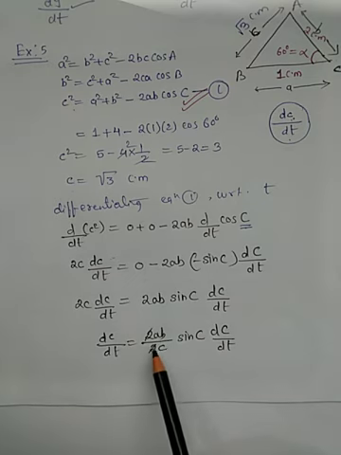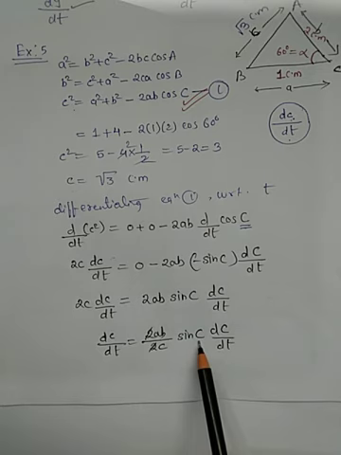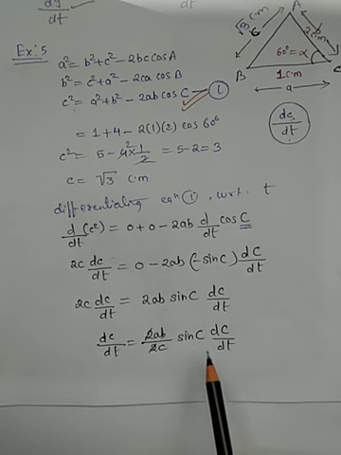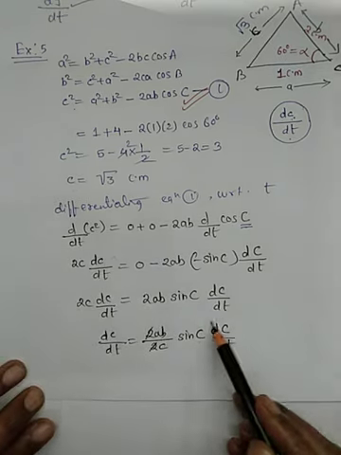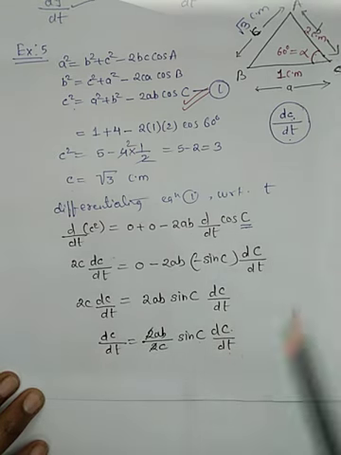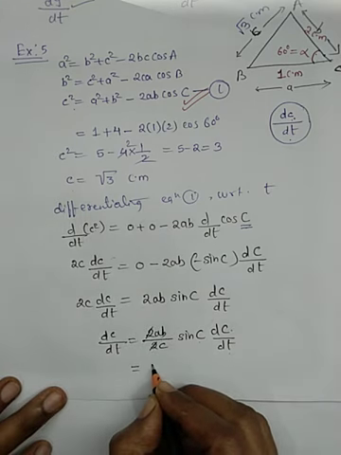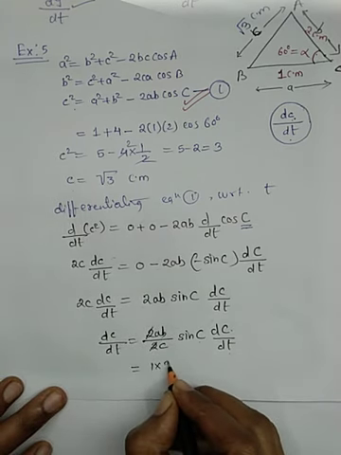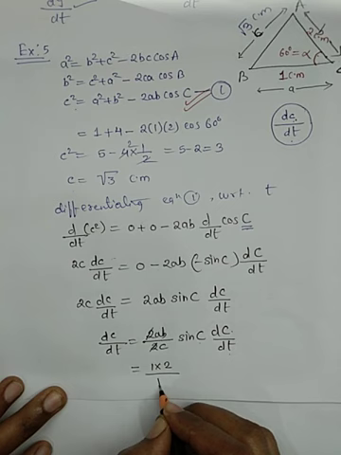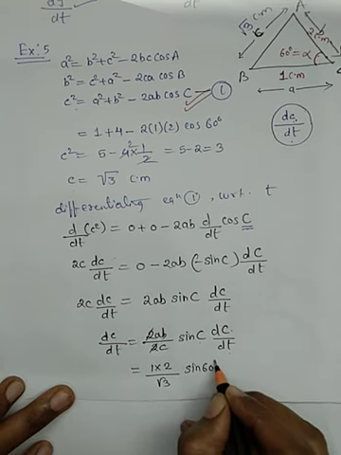We can substitute the values of small a, b and c and the corresponding value of capital C, that is 60 degree, and the rate of change of angle C with respect to t. This C means this alpha only. What is it? It is given, 3 degree. You are given that the angle is changing by 3 degree per second. Let me put values first. A is 1, B is 2, C is root 3, and sin 60 degree.